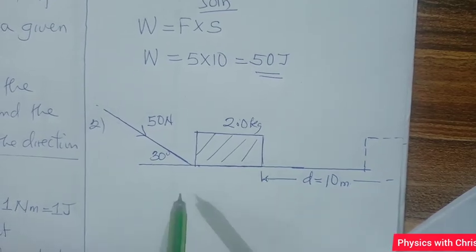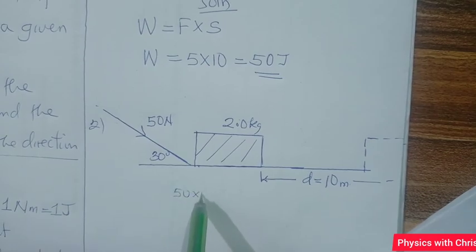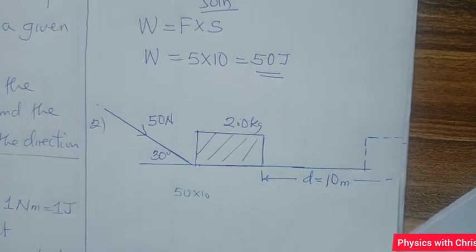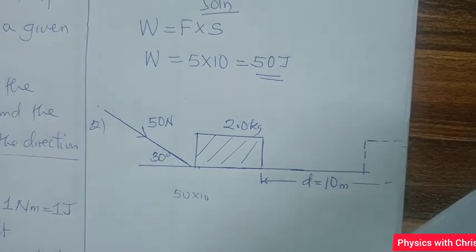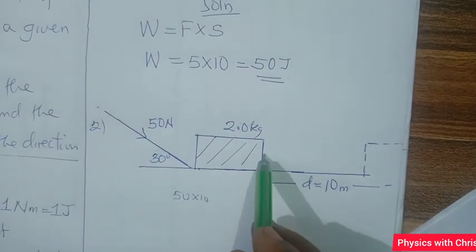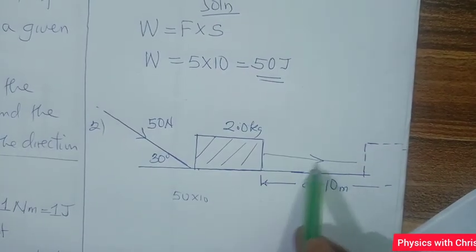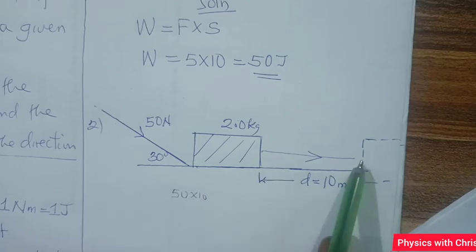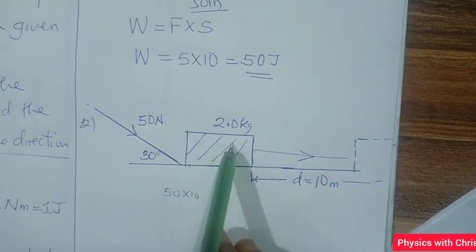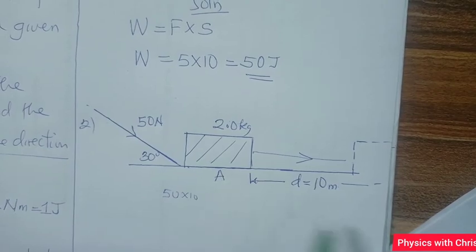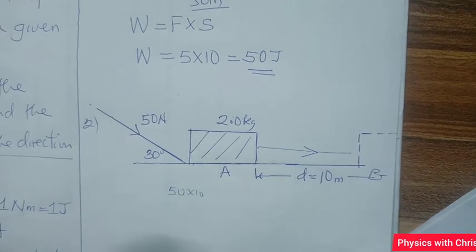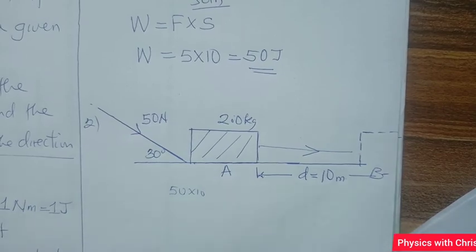Now, if I go on to just use 50 multiplied by 10, that will not be correct, because the applied force is not in the same direction as the direction of distance moved. The distance moved is along the horizontal, along this line. This is the direction of the displacement, and the force is not exactly in the same direction, because the box eventually moved from this point A, let me label this position A, to this position B. So what I have to do here is to resolve the 50 Newton force, which acts at angle 30 degrees with the horizontal.